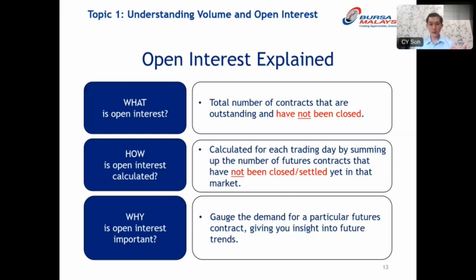For example, if an intraday trader trades 100 lots in the market, and by the end of the day closes 100 lots, you will be creating 200 trading volume, but open interest you're actually creating zero. Something very different for the futures market is that we are interested to know how many people still remain in the futures market, still holding, whether it is their long position or their short position.